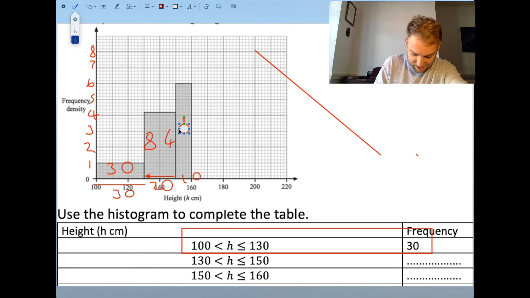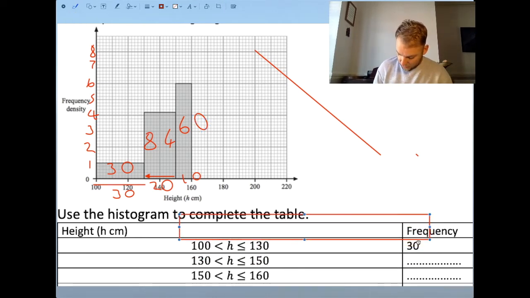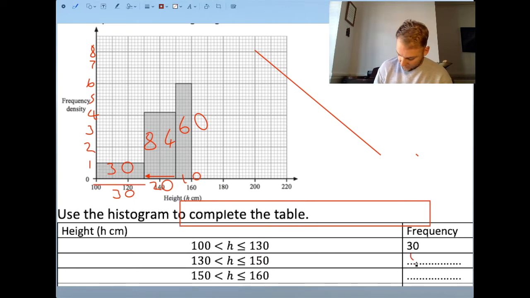Right, 60 there, like so. Brilliant. So we know that this one here is 84, and this one here is 60.